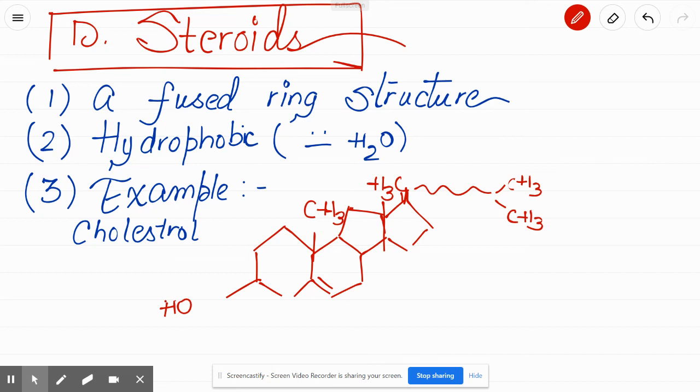All right, another example of a steroid is the estrogen, the female hormone. And you can find the structural formula of estrogen in your textbook.